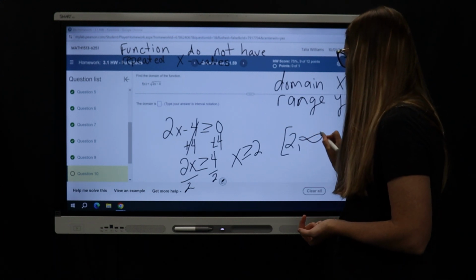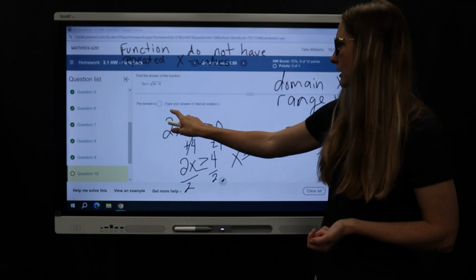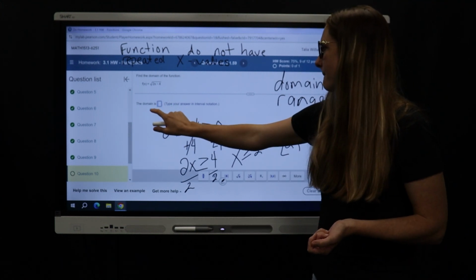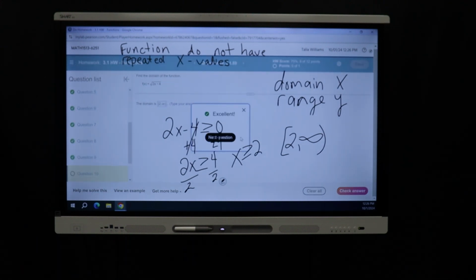And it's everything that's greater than 2, so it's going to be bracket 2 to infinity. And the reason we did an inequality on this one is because it has to be greater than 0, or you're going to end up with an imaginary number. And they want real values. Remember, infinities have to have parentheses because you cannot equal an infinity.